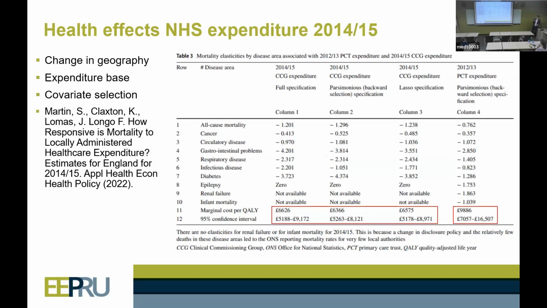And in came the clinical commissioning groups to replace the primary care trusts. In some cases, not very different, right? There's still cities and towns recognized, so there's some overlap between the definitions, but in other ways, quite different. And in particular, what's quite different here is that there's a change in the functions that the local area is going to be responsible for commissioning.